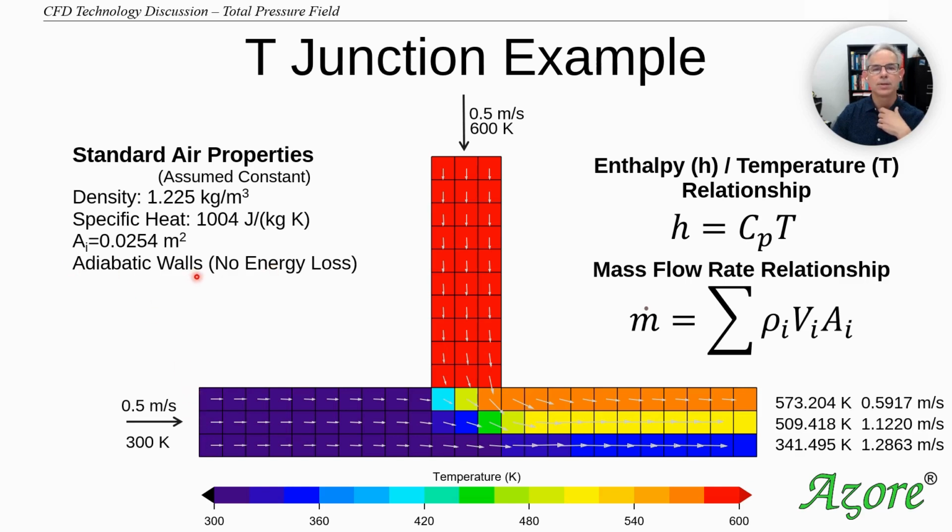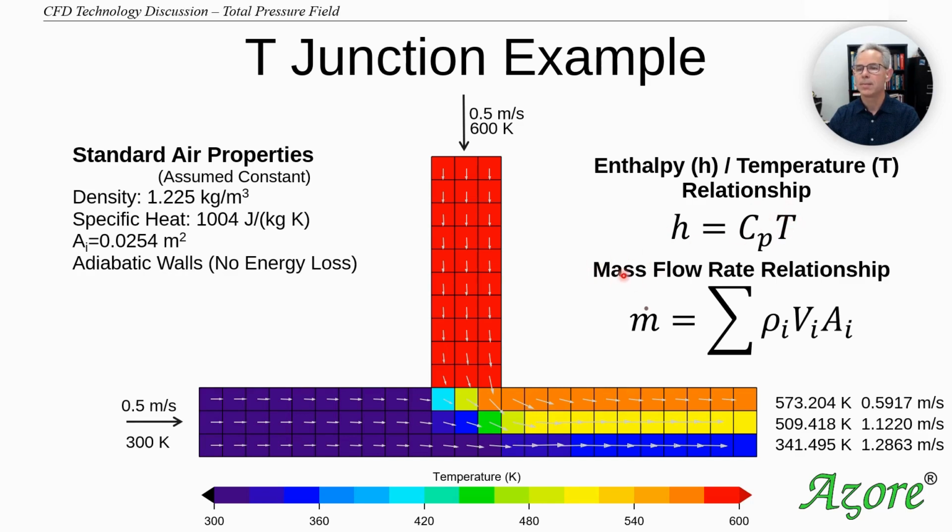Then we're going to assume there's no energy loss through our walls, so it's adiabatic. So the only energy is just a combination of energy. We have energy coming in here, we have energy coming in here, and then we have energy leaving over here. Some other relationships that will be useful as we evaluate that is the enthalpy. For this example, we're just going to use a simple relationship for enthalpy that is simply the specific heat times the absolute temperature.